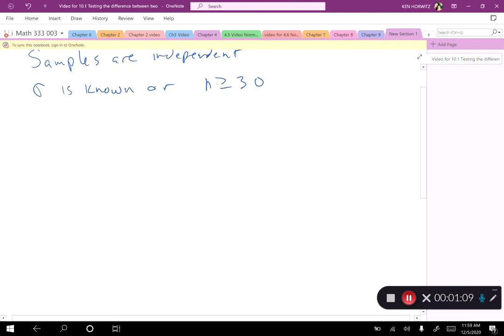All right, let's start with the formula that you're going to need. It's a little more involved than the formulas we've used in the past.